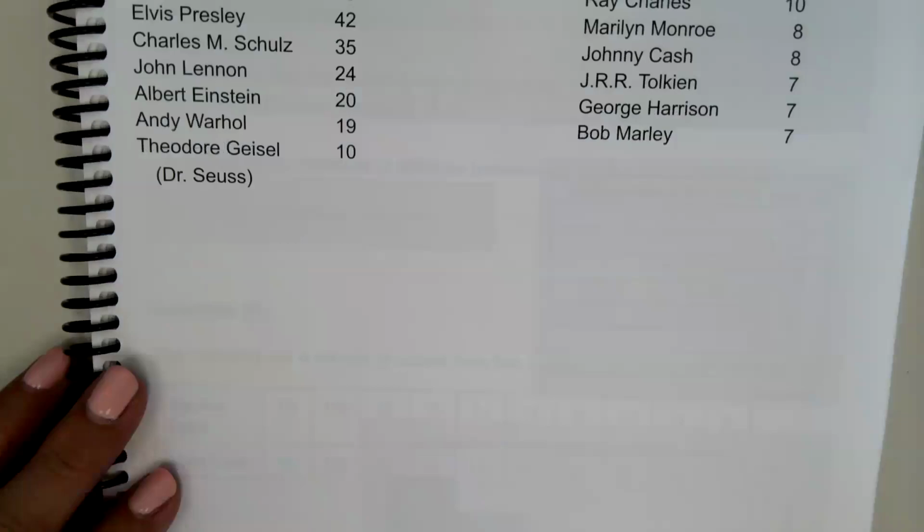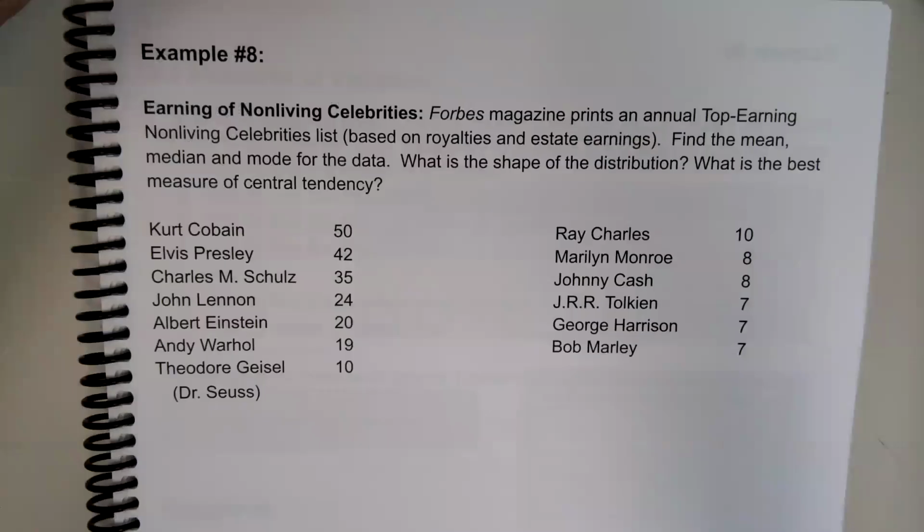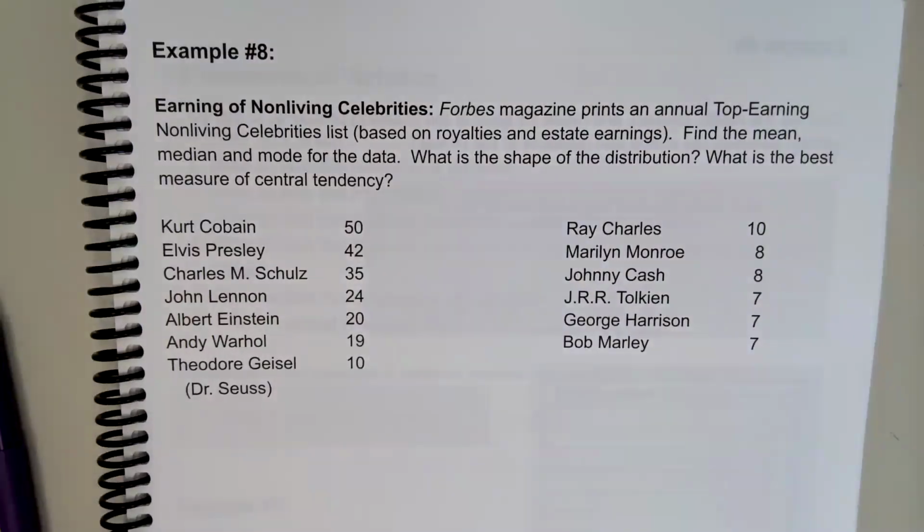Let's look at another. Example 8. We have earnings of non-living celebrities. So celebrities that have passed away. And what is that telling us here?